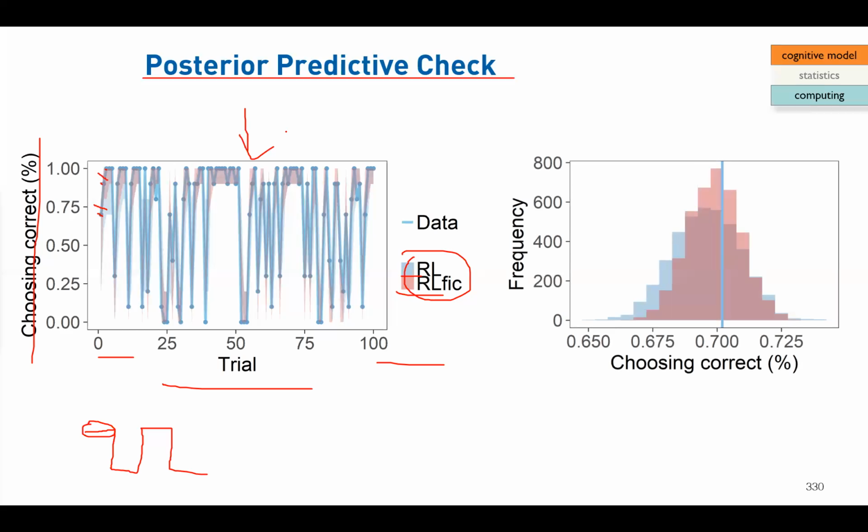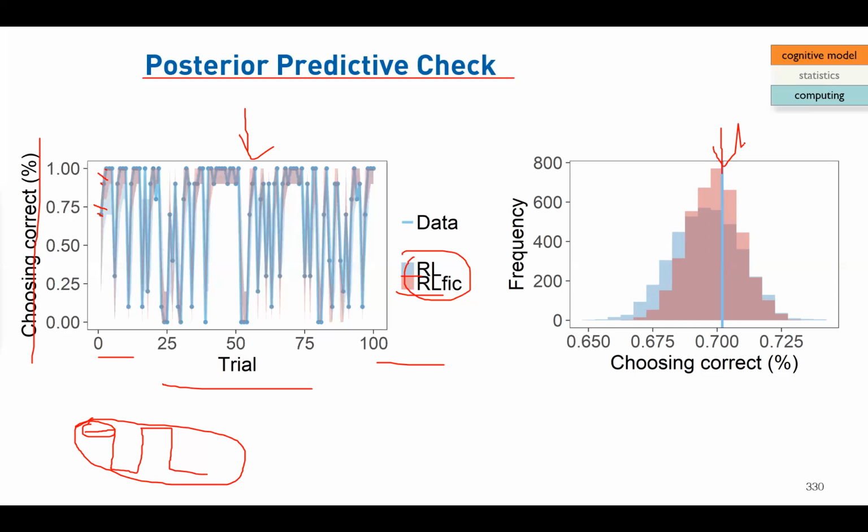So let's take a look at the other version of model validation. We could also do the same calculation to count how often the participants are choosing the better option overall, across all the trials, across all the participants. We can calculate the overall accuracy, right? Only one number. So let's say this vertical line is the overall accuracy. And because posterior predictive check is to ask the model to generate fake data, we could also analyze the fake data the same way as we analyze the real data.